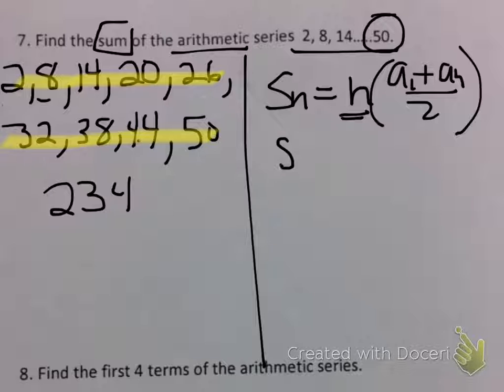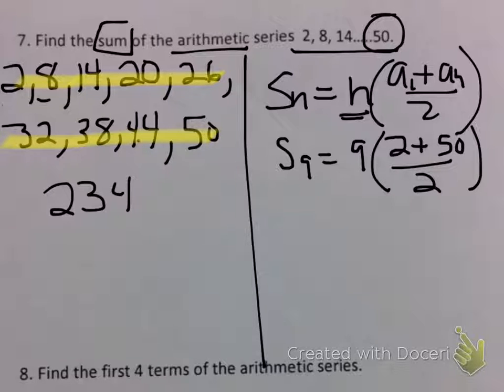So you would have done the sum of the first 9 numbers equals 9 times A1, which is 2, plus the last term, which is 50, and then divided by 2. So you'd have 52 on the top of that divided by 2, which is 26, then 26 times 9, which is 234.